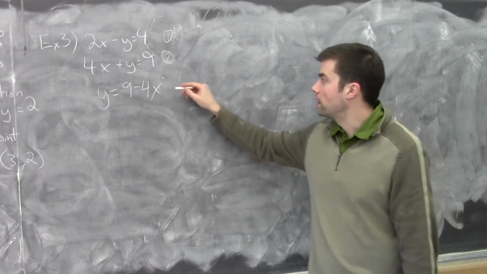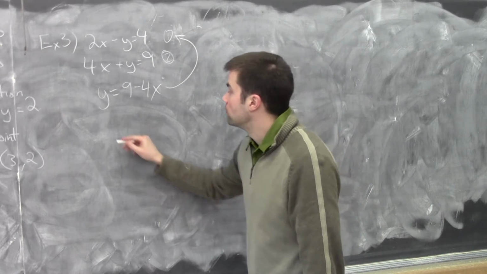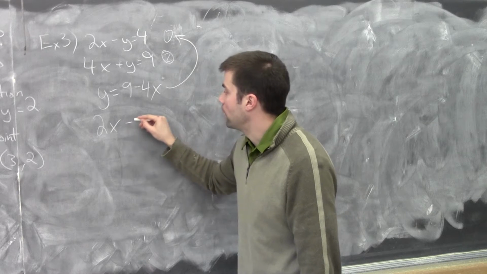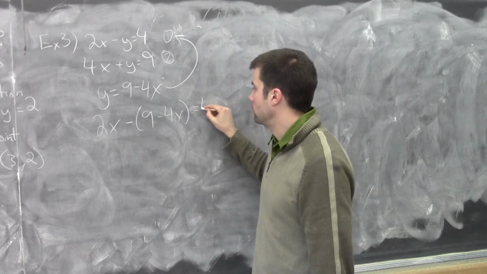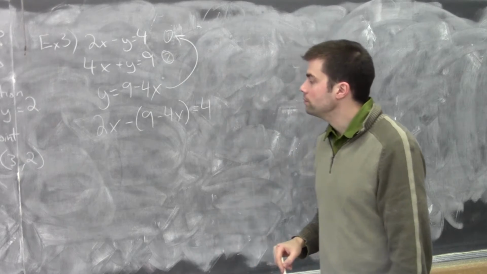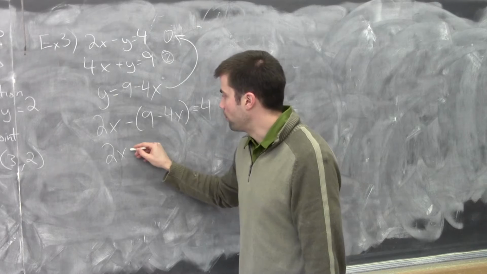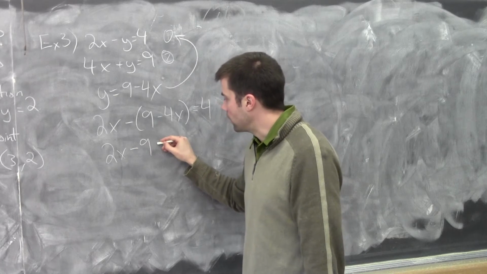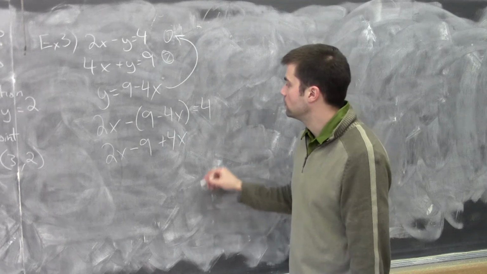Okay, once I've done that, I can substitute into 1. So we have 2x minus, in brackets, 9 minus 4x equals 4. Now I use the distributive property, with this negative sign applying to the 9 and also to the negative 4x, making it positive 4x.